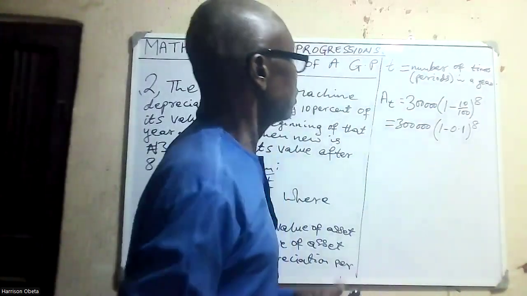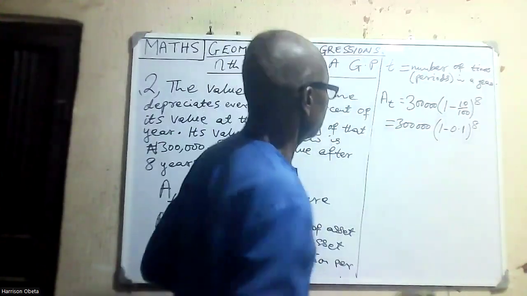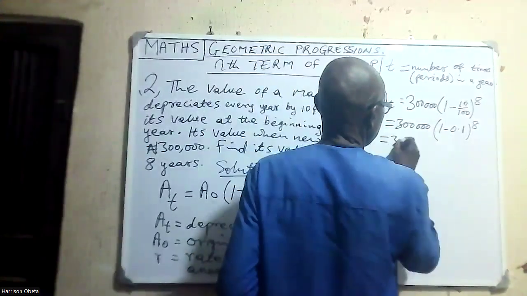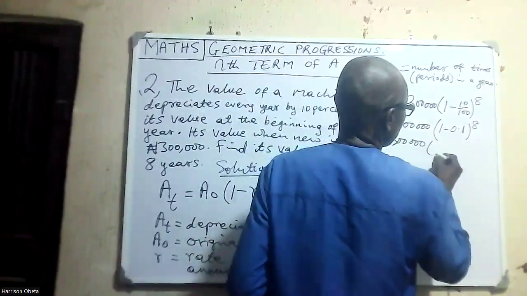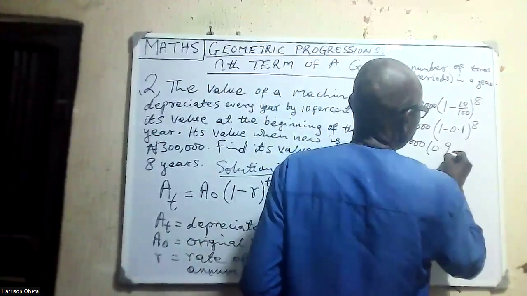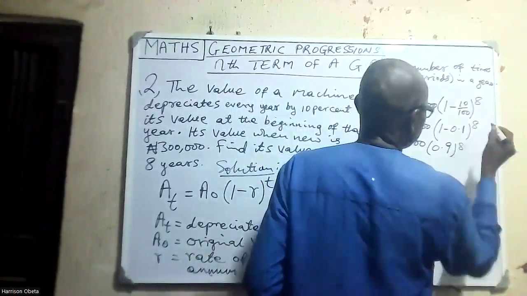And that will give us 0.9. So that would be 300,000 into 0.9 raised to power 8.